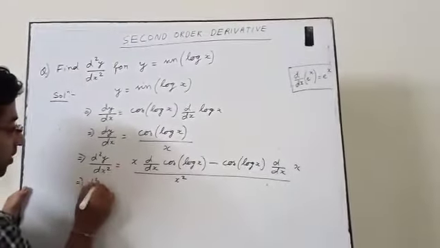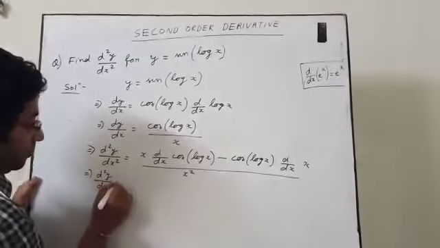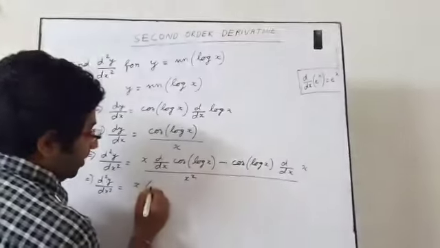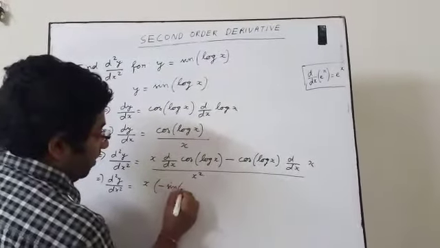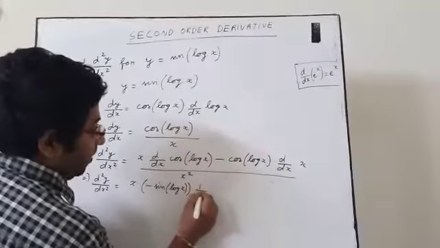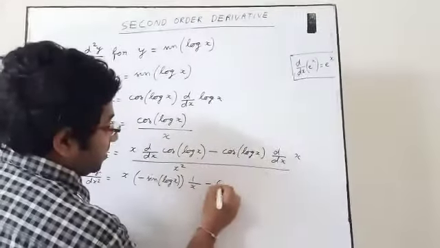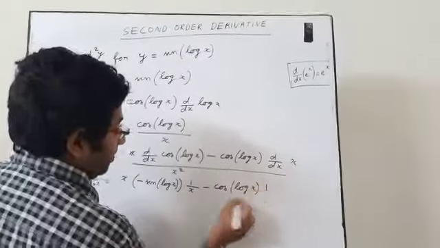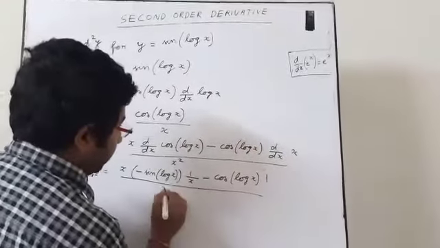So second order, what did you get? x into, first complete the derivative of cos: minus sine of log x, again chain rule, d/dx of log x, so you will get 1 by x, minus cos of log x into d/dx of x, which is 1, divided by x squared.